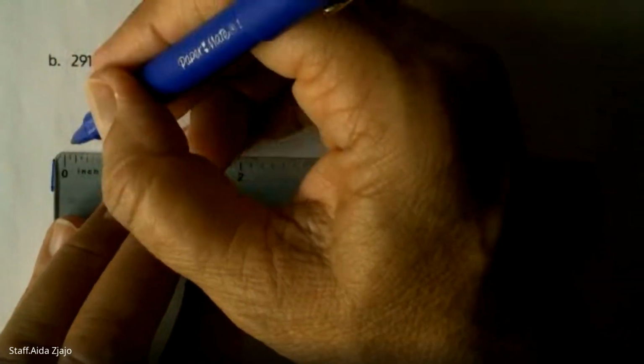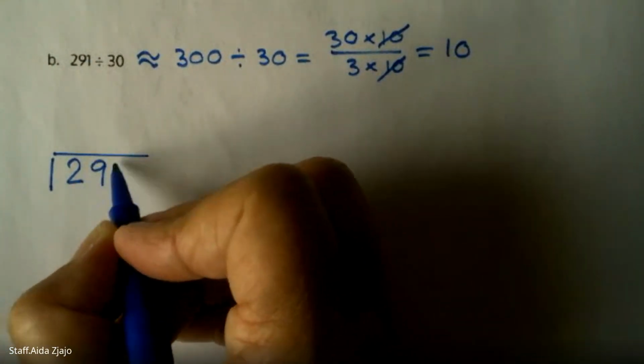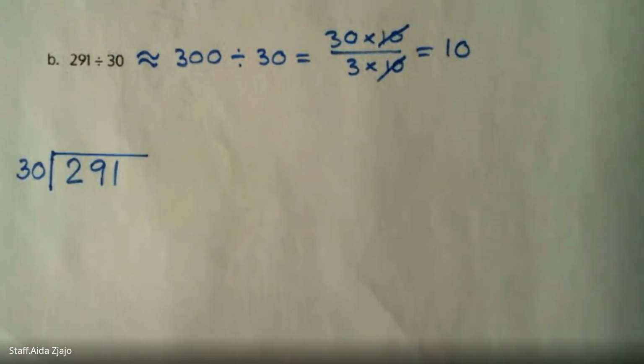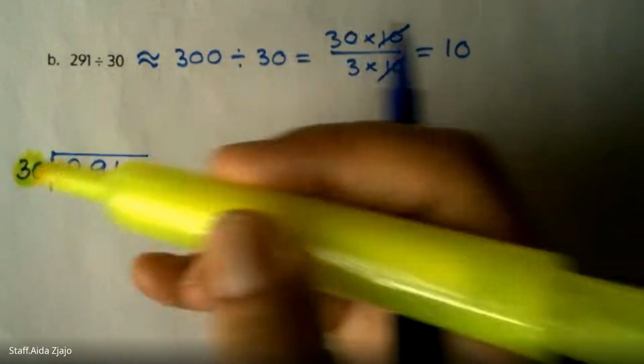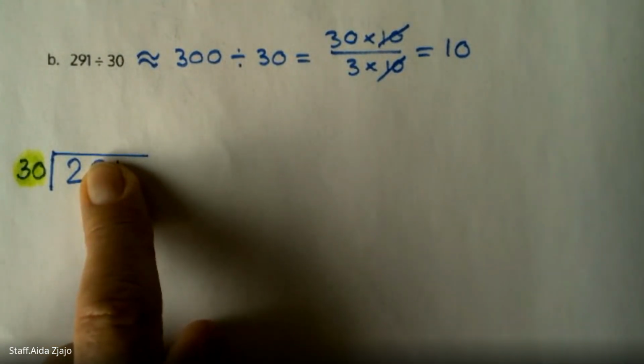Let's see what we can do. If I make this 291 and 30, my groups are 30. If I have 2, can I make 30?